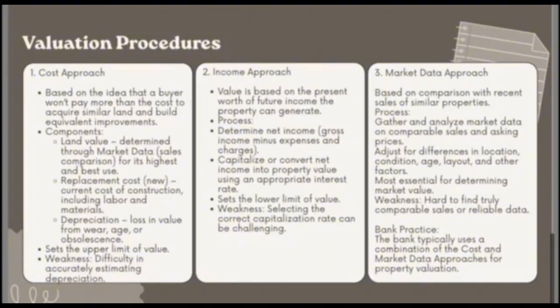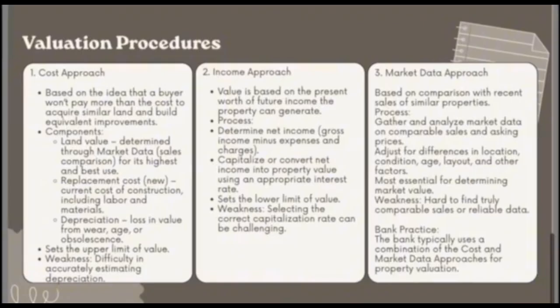For example, he has a land value of 100,000 based on comparable land sales. The cost of new improvements, the replacement cost, is 500,000 as estimated by the contractor. Then he accrues depreciation of 50,000 estimated based on age and condition.